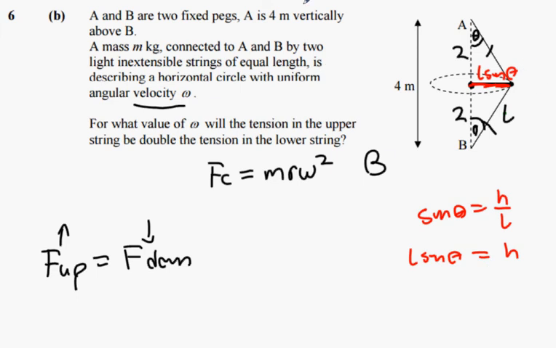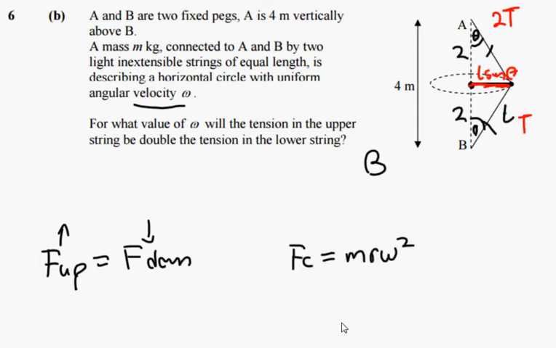That's done, and that's still 2t and t. Now let's use Fc equals m r omega squared, starting off with this one here. So what are the forces undergoing in the string? We have a tension going up this direction here. Going up is what, guys? And that's 2t.